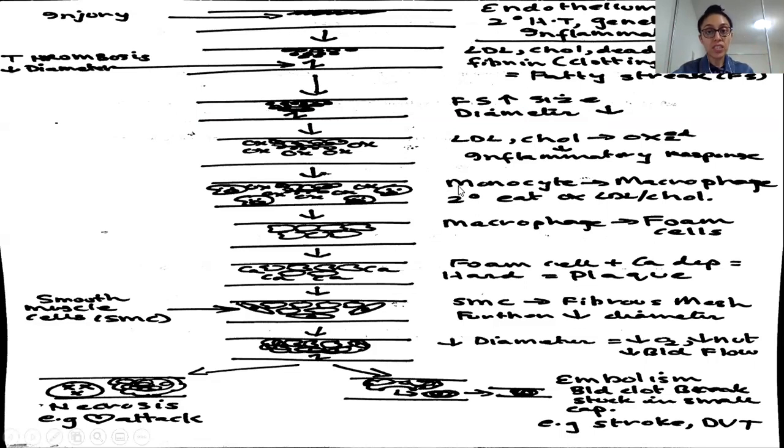So then what happens? You have these fatty streaks which keep on increasing in size, and the diameter keeps on decreasing. Then you have all this LDL and total cholesterol stuck over there. And of course, there is a great chance that this cholesterol will get oxidized.